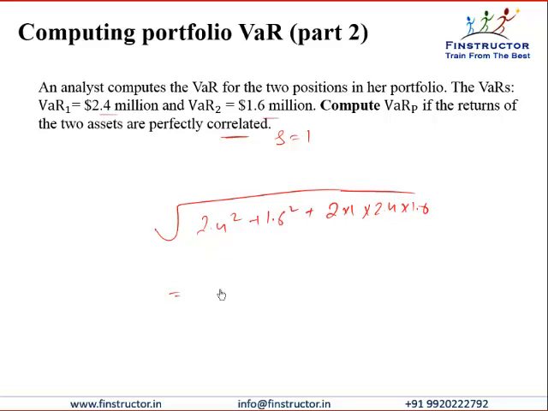Please note this will simply come out to be 2.4 plus 1.6 the whole square, or the VaR of the portfolio will come out to be 4 square, the square root, that is 4. So if they're perfectly correlated, then the VaR will be a simple summation, that is there will be no benefit of diversification.